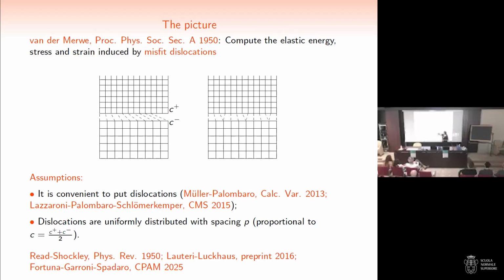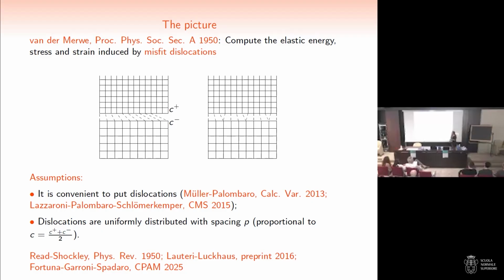The fact that it's convenient to put dislocations in a model of this type had been proven within a semi-continuous model by Müller and Palombaro in the context of nanowires, and then generalized to the purely discrete model for the same problem by Lazzaroni, Palombaro, Schlömerkemper. In my talk, the goal will be to prove that under suitable assumptions, I will have an alternation between elastic and plastic parts, and that this alternation is periodic.